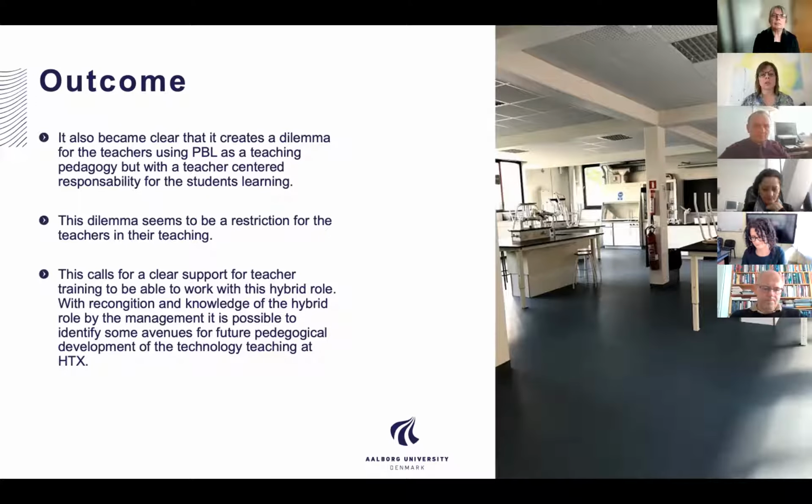So the conclusion is that we think this calls for very clear support for the teachers' training to be actually able to work with this very hybrid role, because if this is recognized and acknowledged by the management, it will be possible to identify further avenues for pedagogical development for the teachers when teaching this subject.